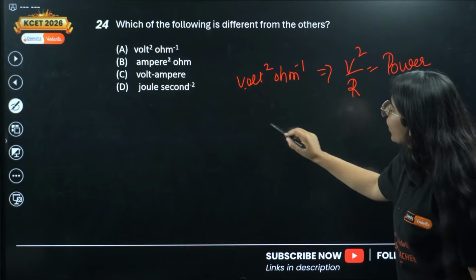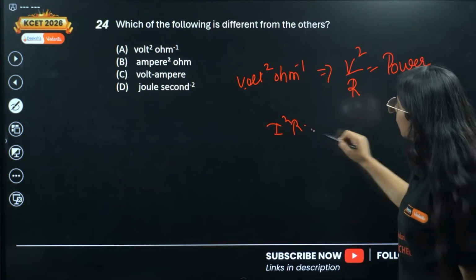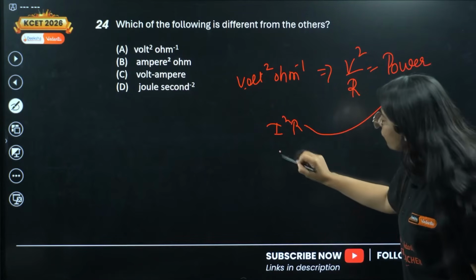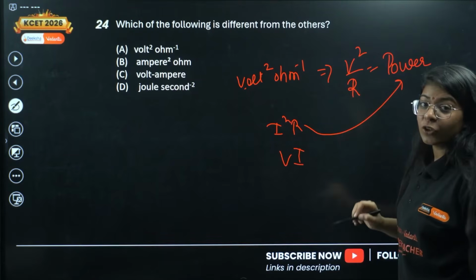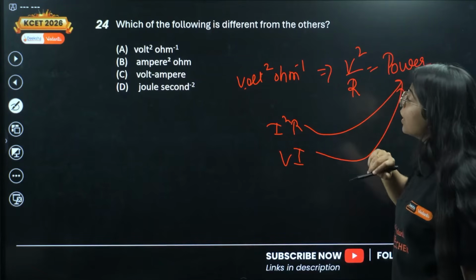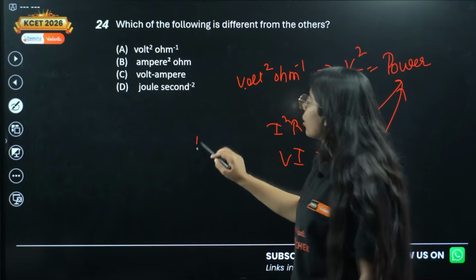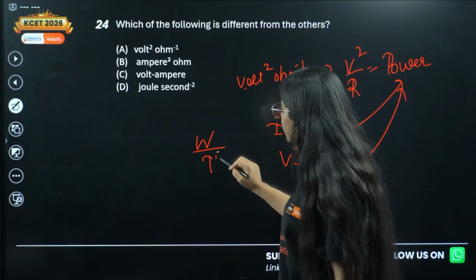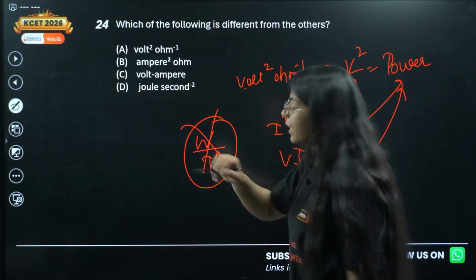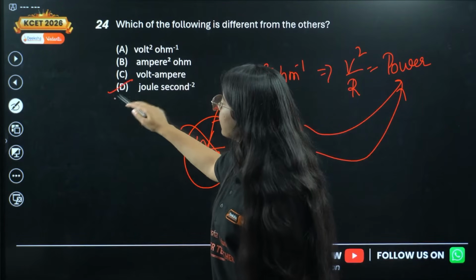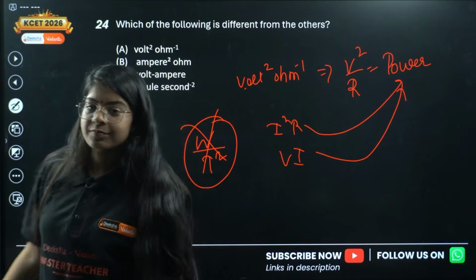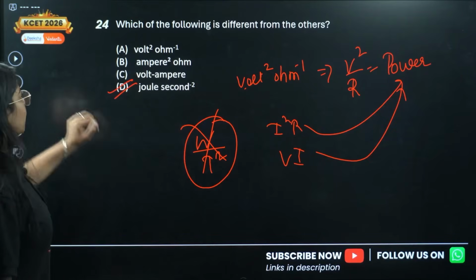And ampere square ohm, this is I square R, which is also power. Then VI, voltage into current, this is also power. But joule per second squared, which is work done per unit time square, this is definitely not power. So this is the odd one out, correct? This is the different one.